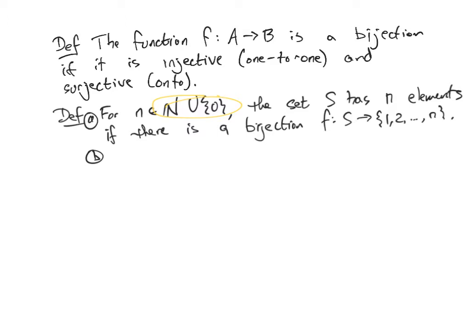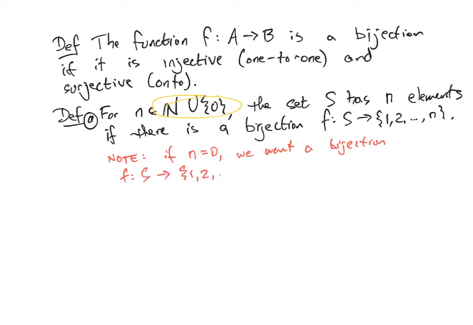Can you clarify what n equals 0 means in this definition? Yeah, good point. So the book actually makes a distinction here. I don't think it's necessary. So if n equals 0, what do we want? We want a bijection f between S and the set 1, 2, and this would be our notation, right? 1, 2, up to 0.